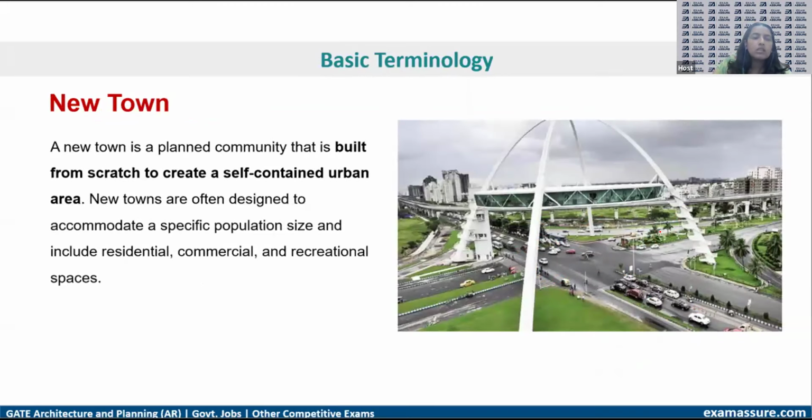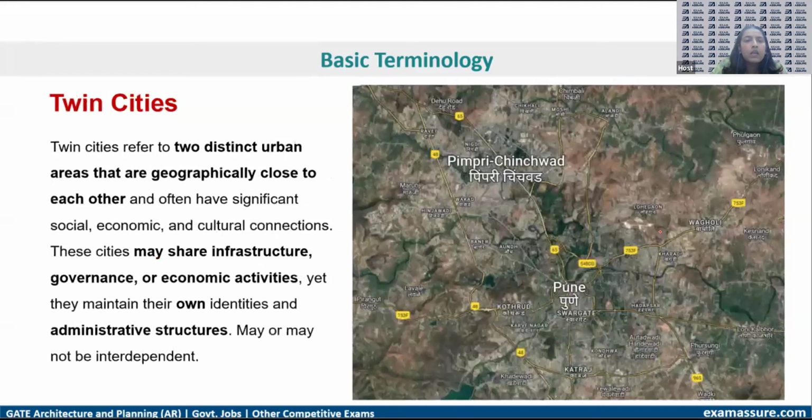Coming to new towns, these are usually built from scratch, more of self-contained urban areas designed for a specific population and size. Coming to twin cities, where the cities have their separate administrative setups. There is no administrative interdependency. However, whatever common resources there are, let's say some economic resources or some infrastructure, would be shared between the two cities.